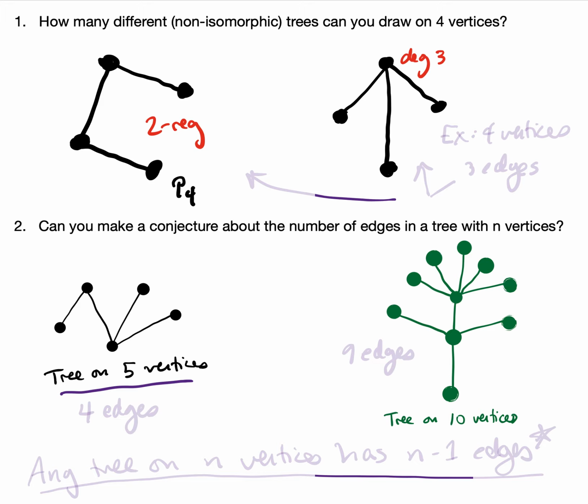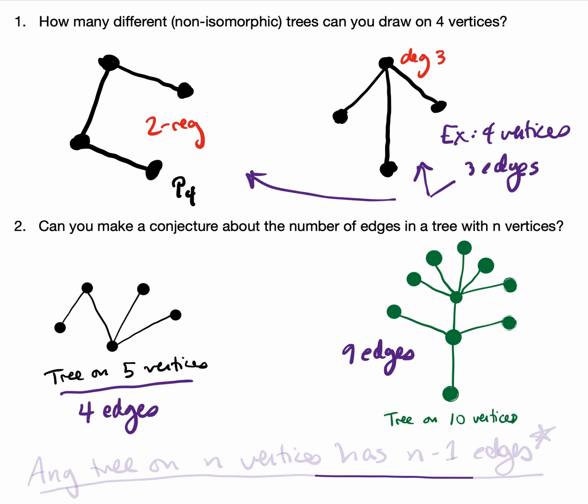Okay, so my second question was for you to make a conjecture about the number of edges in a tree with n vertices. So to start with, you could look at the examples we've had so far. So for example, this has 4 vertices and 3 edges. This graph also has 4 vertices and 3 edges. If we look at the 2 graphs we've drawn previously, this tree on 5 vertices has 4 edges if you count them up, and this tree on 10 vertices has 9 edges if you count them up.